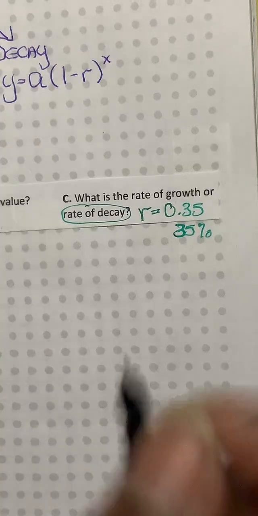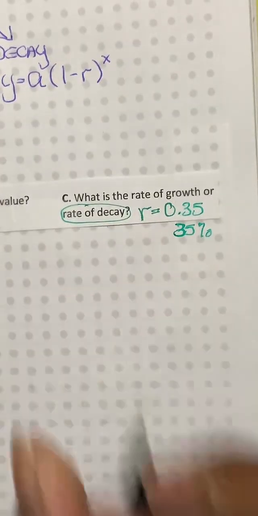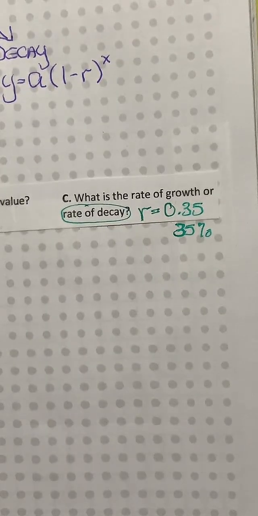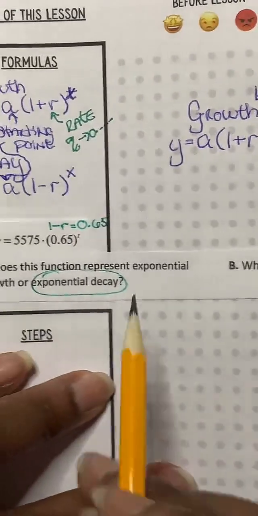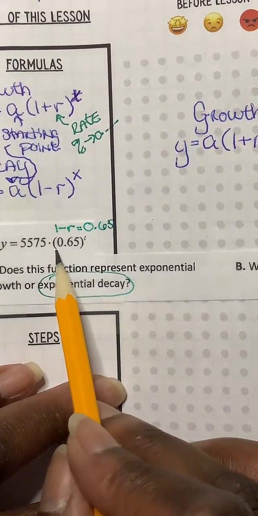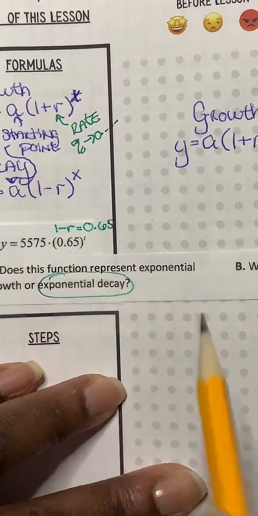How did you get the 35? Because inside the parenthesis, they gave us 0.65.